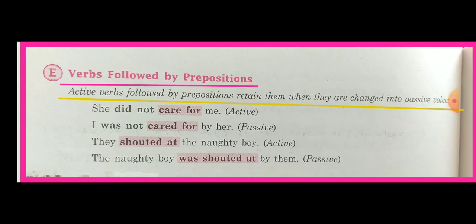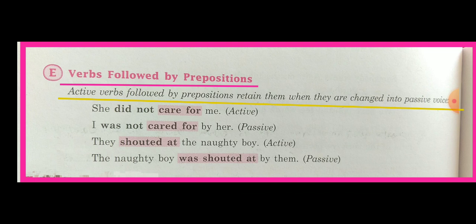Now, verbs followed by prepositions. Sometimes we have verbs which are followed by prepositions. So what to do with those prepositions? In active voice, verbs followed by a preposition retain them when they are changed into passive voice, meaning the position of the preposition will remain as it is in passive voice also. Like "She didn't care for me."